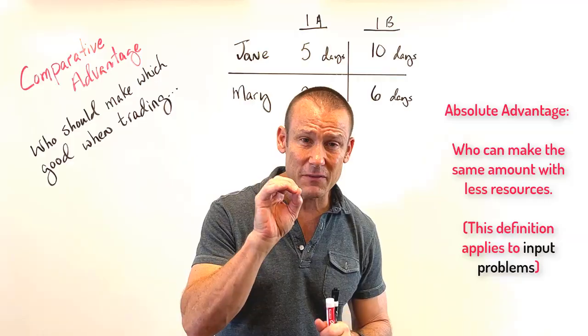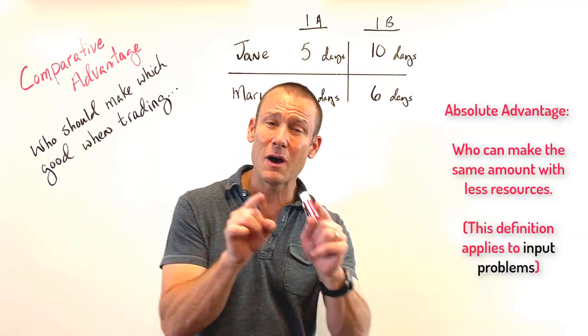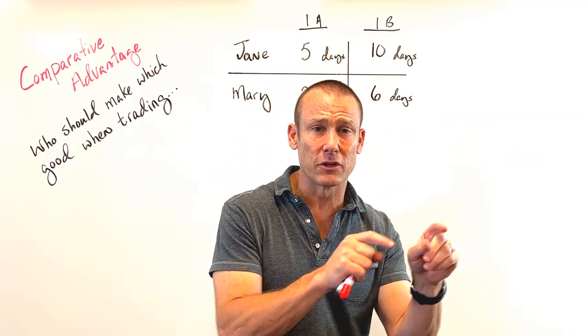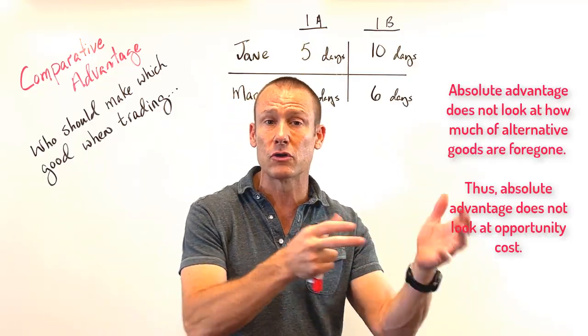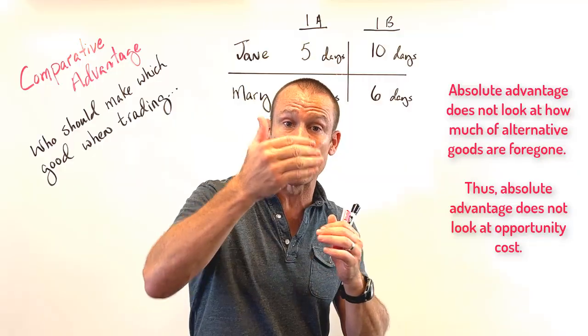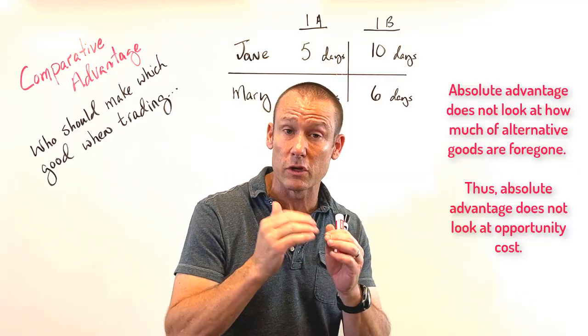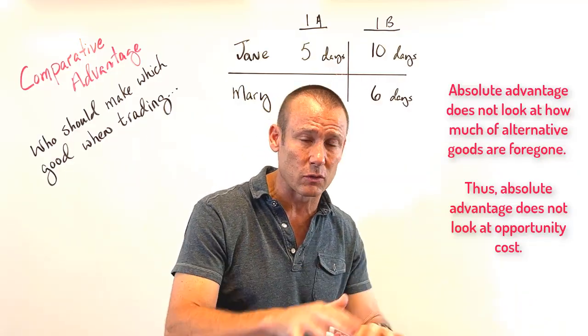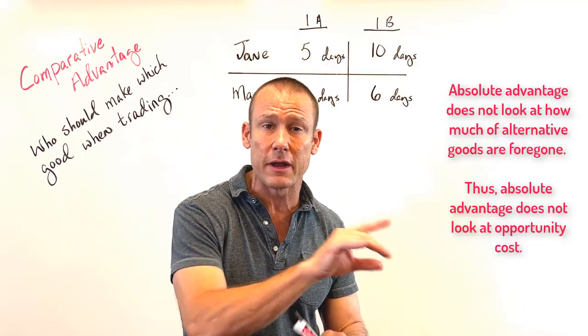When you get the definition of comparative advantage, what shows up in that definition is the other good. In absolute advantage, you never heard about good B. We just said you have the absolute advantage in the production of good A if you can make more of A with the same amount of resources, or you can make the same amount of A with less resources. You don't hear good B mentioned at all in absolute advantage.